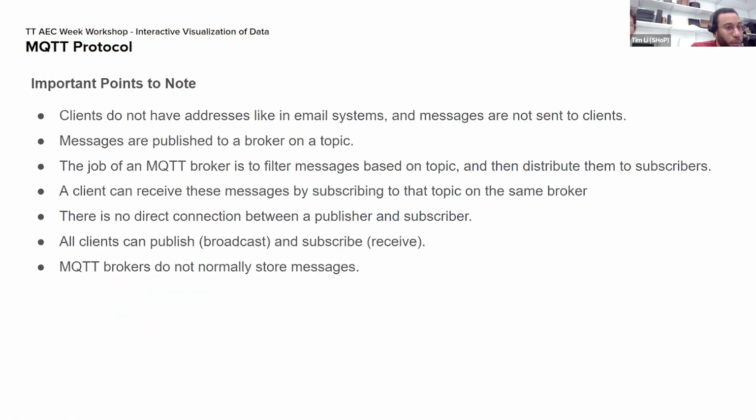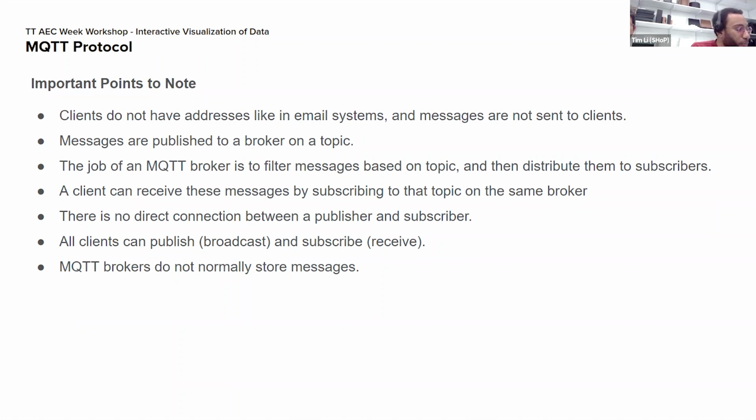And just some important points to note on the MQTT protocol. You don't send messages directly from client to client. You're just publishing directly to the topics, and whatever clients are subscribed to the topics will receive those messages.